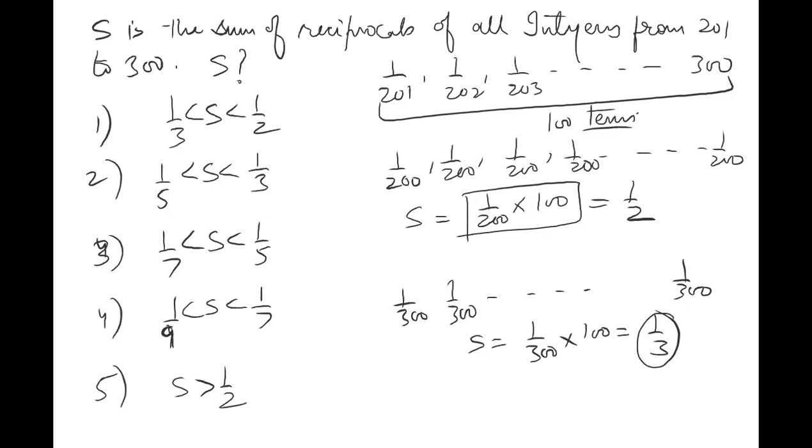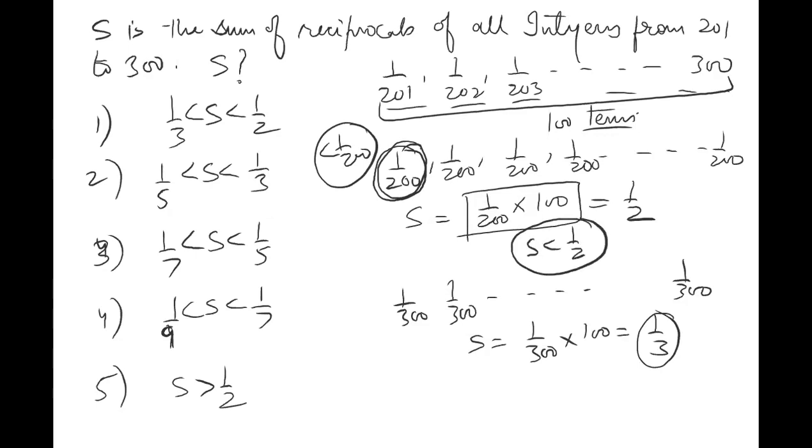Now, every term is now less than 1 by 200. Okay, if you see every single term, it's less than 1 by 200. So the final sum would also be less than 1 by 2. Right? And now every term is more than 1 by 300. The sum would also be more than 1 by 3.